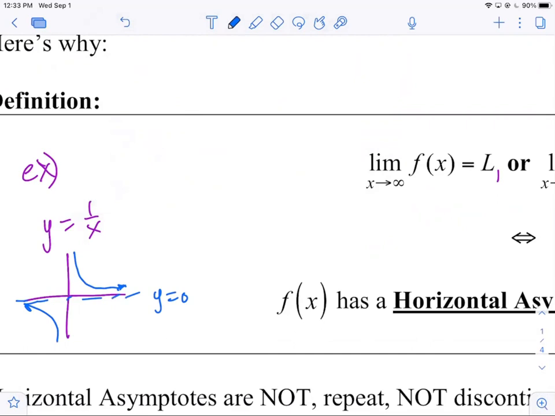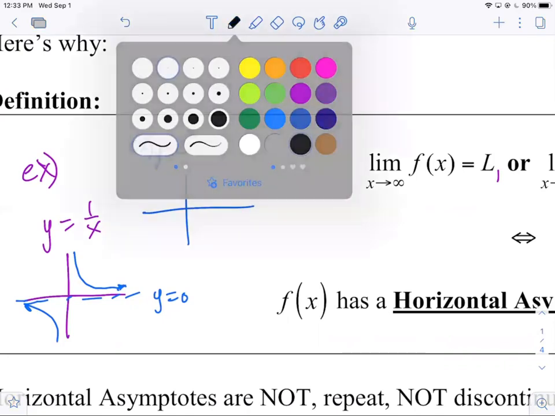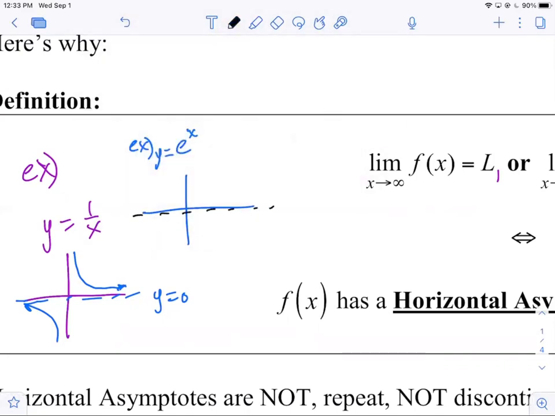Another example: let's look at e to the x. We've already seen it, but e to the x has a horizontal asymptote on the x-axis, but e to the x is only affected by it on the left-hand side, okay? And you could still draw it if you want, going on both ends.